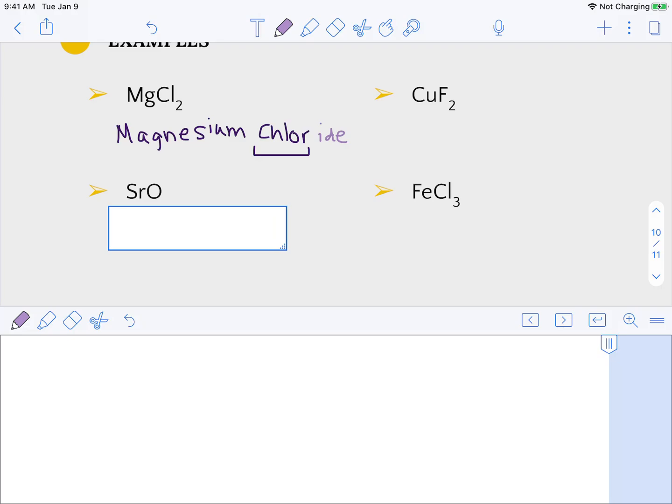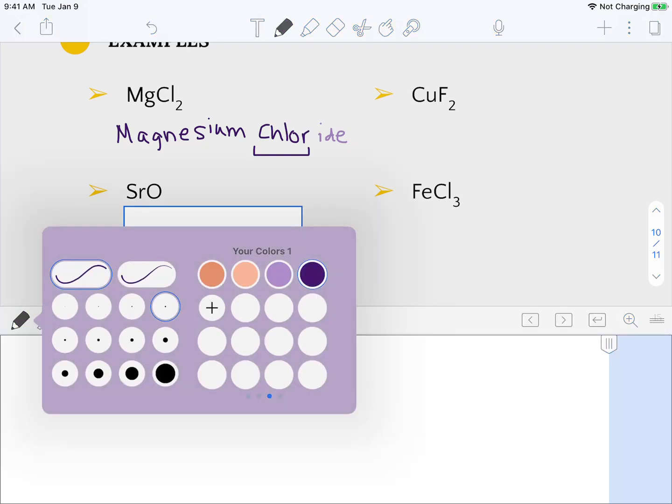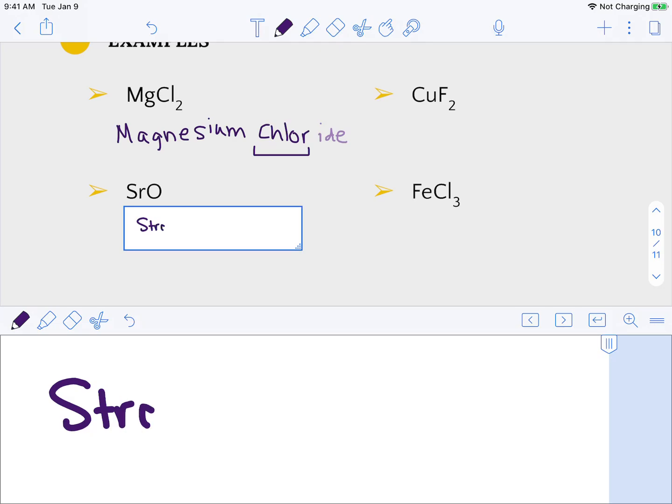For the next one, let's go here. We have strontium. That is your cation. And then we have oxygen.